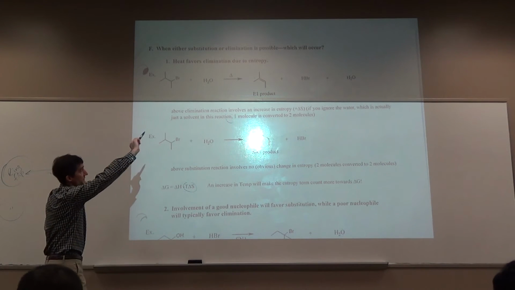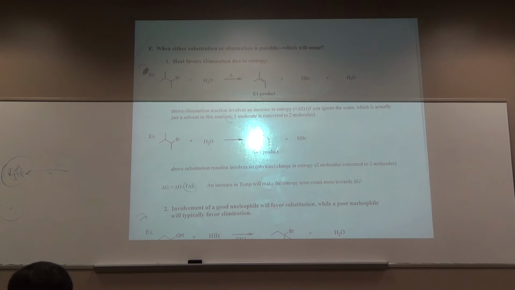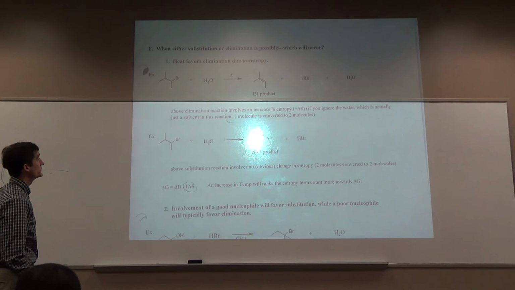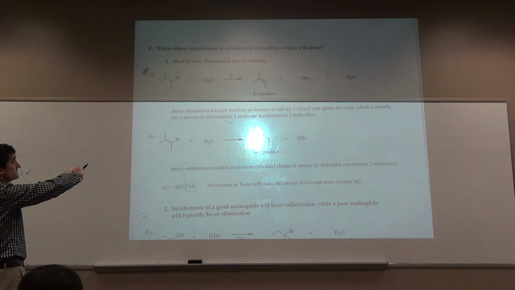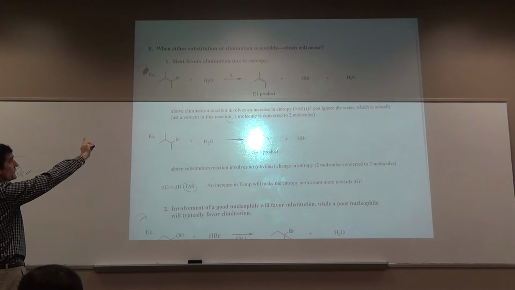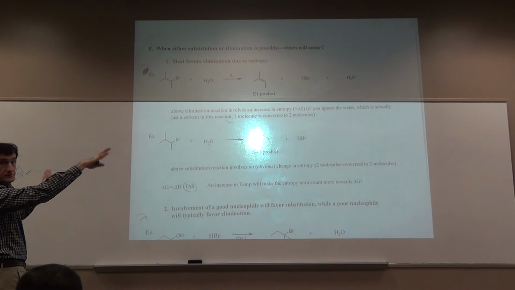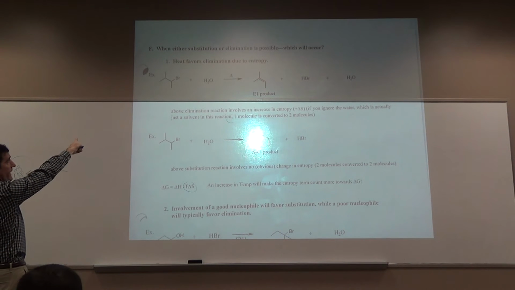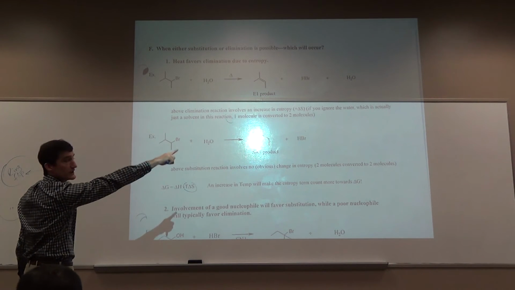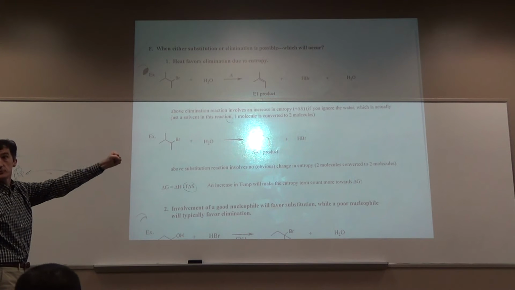Okay, in which reaction is entropy more favored, or more of a favorable attribute? The first one, if you get rid of water, which is nothing, it's a wash, the bromide is becoming the alkene plus HBr. 1 is becoming 2.